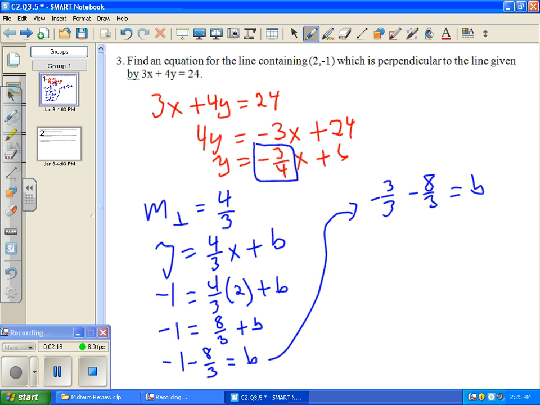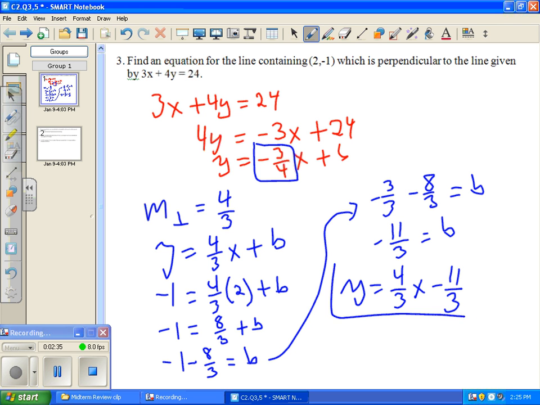That's still equal to b. So that gives us -11/3. Let's put that in the equation. We have y equals 4/3x minus 11/3. So that is the perpendicular line that goes through that point.